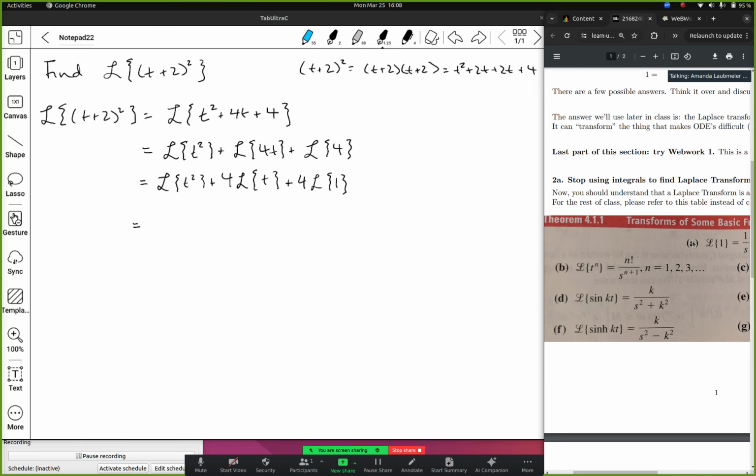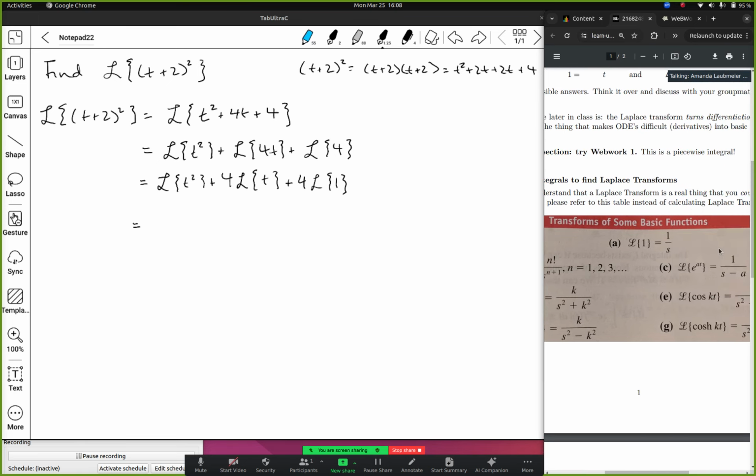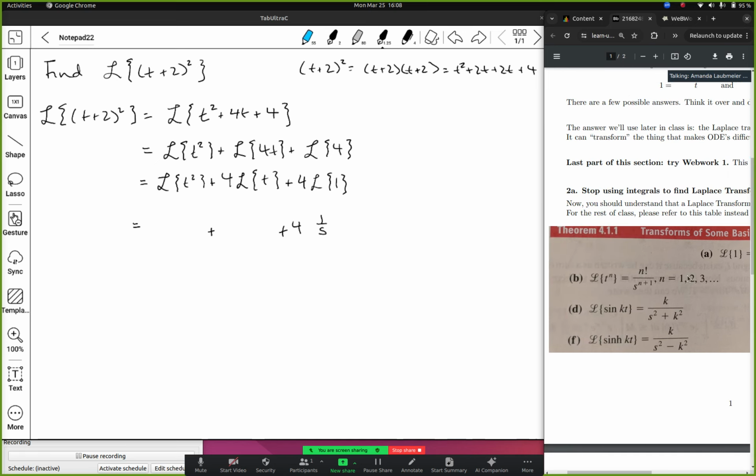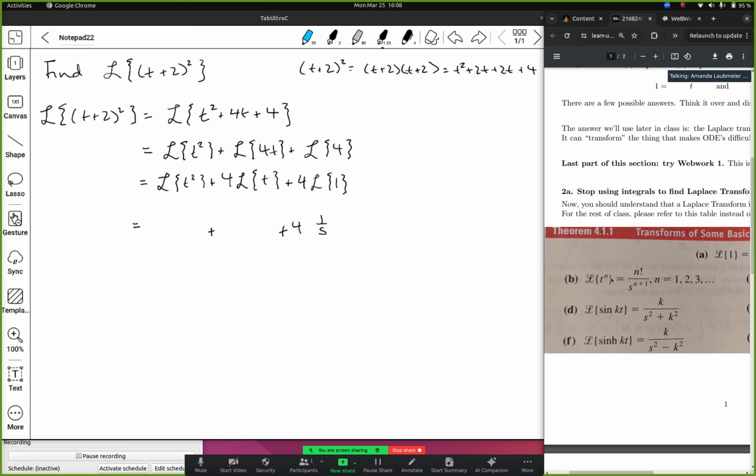So the easiest one right here is L of 1, I'm told, is 1 over s. So I can go ahead and just put in 1 over s for L of 1. But then for these other two, I have to do a little bit more work. So I'm told L of t to the n is n factorial over s to the n plus 1. So in this case, for the first one right here that I've got, that would be the case where n equals 2.